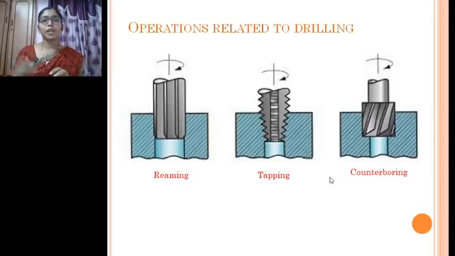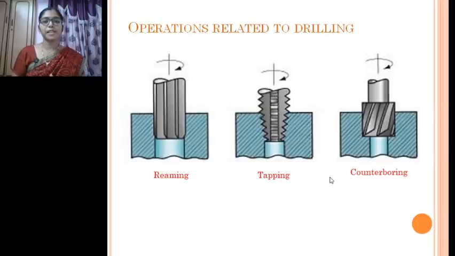But if the drill bit available is of some standard size, say 10 mm, but you require a hole of 12 mm, and the standard size is not available, then we go for these secondary operations.